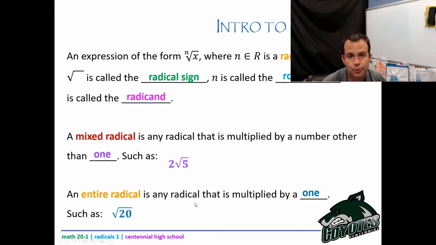Okay, so root 20. Now, if you go in your calculator and you type in 2 root 5 and you type in root 20, you'll get the exact same thing. Now, a little word of wisdom to my new Casio users out there. If you type in root 20, it's actually going to give you 2 root 5, because the new Casios will simplify radicals for you until they're in test mode.